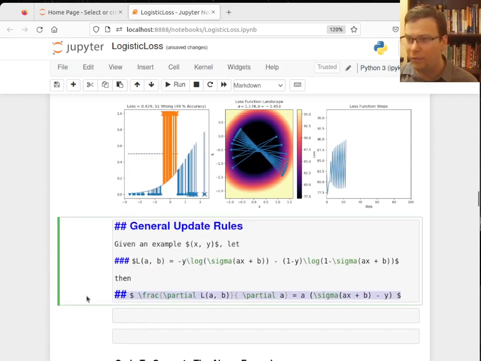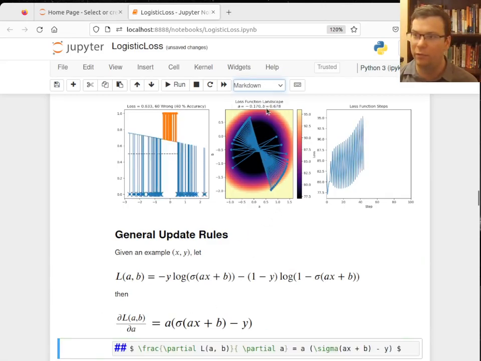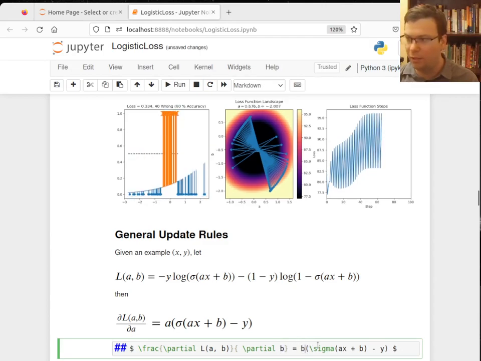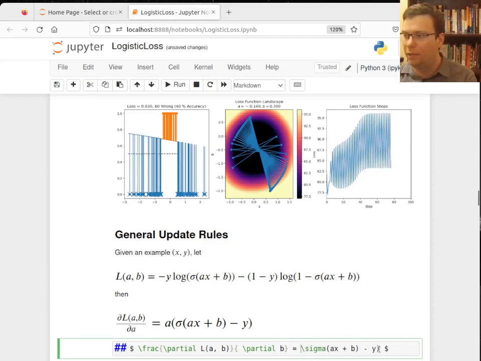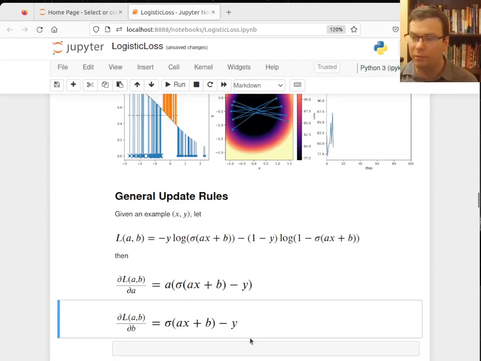And the partial derivative with respect to b, holding a fixed, ends up just being the difference between the estimate and what it's supposed to be.